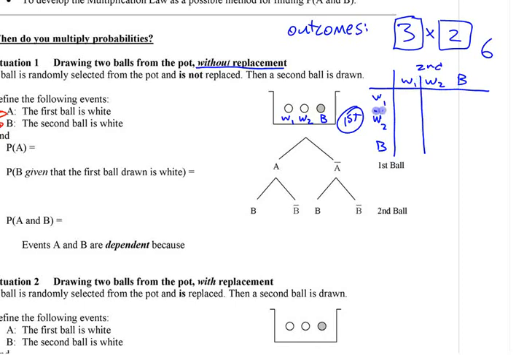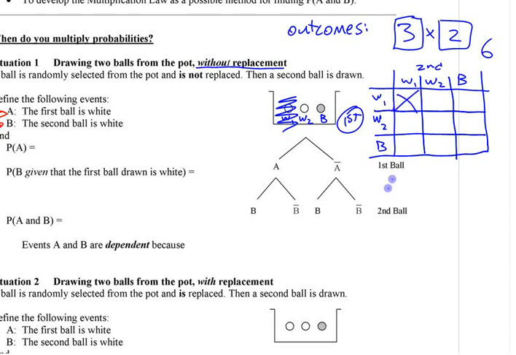So it looks like there's 9 outcomes, but which ones of these are not possible here? You can get this one on the first pick, but if you get it on the first pick, it's not there anymore, right? So this one's impossible. You can't get the same one twice here. This one's impossible. This one's impossible. There's your 6 outcomes.